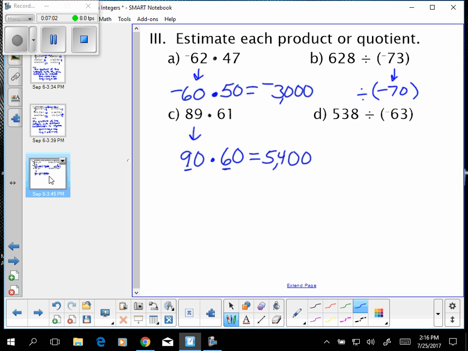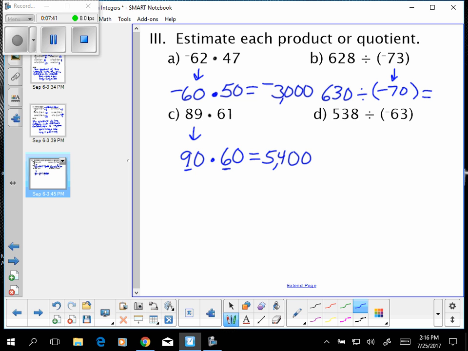And a shortcut is to think about multiples of 7. 7, 14, 21, 28, 35, 42, 49, 56, 63, or 70. 628 is going to be pretty close to that 63. So I'm going to change 628 to 630.